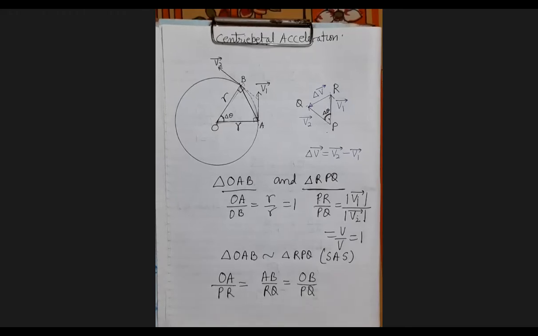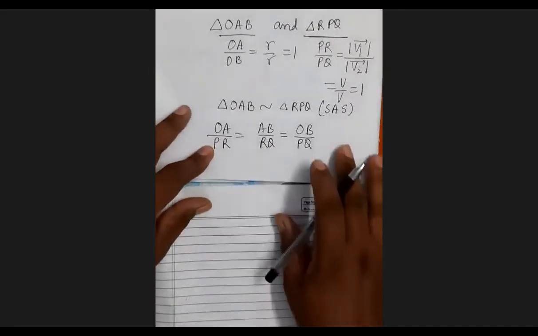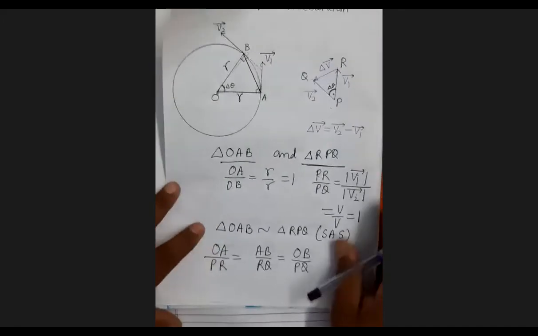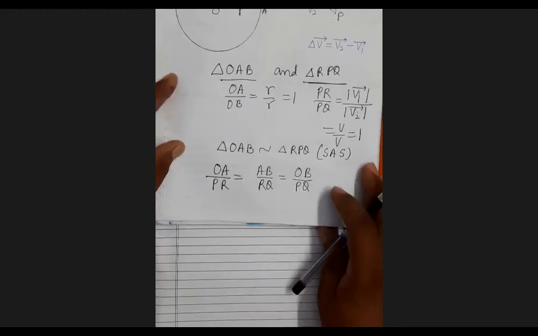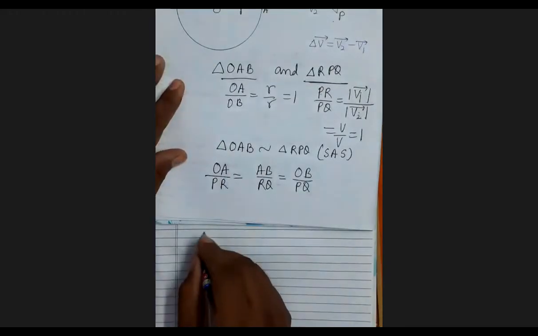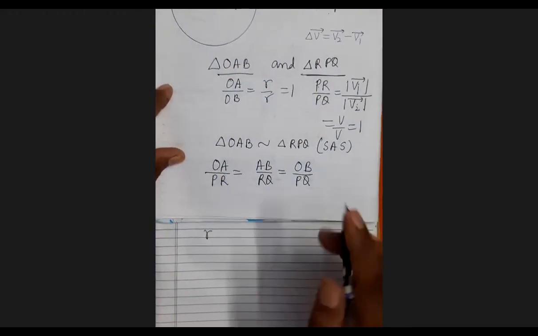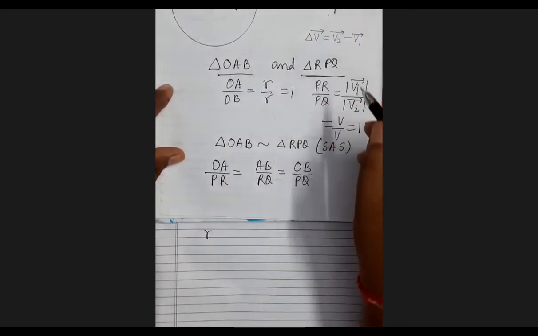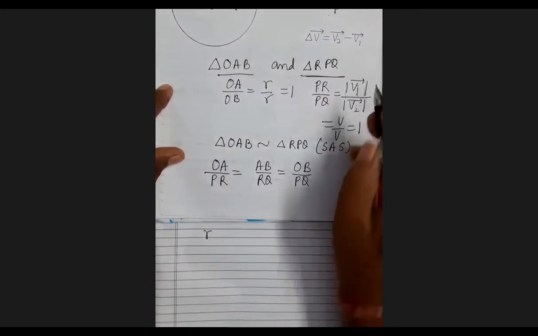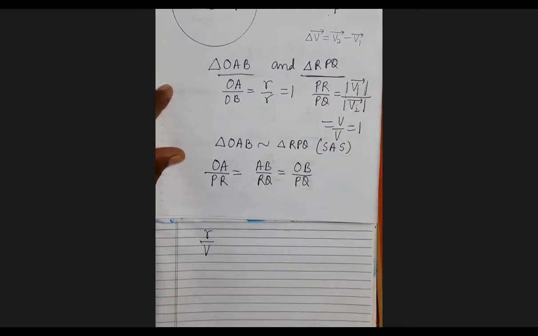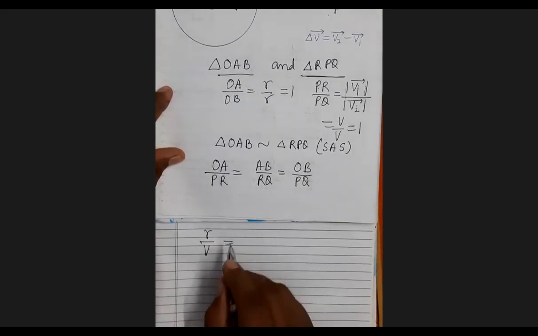So you can see here, I am showing here. If you write down their values, what is OA? OA equals R. What is PR? PR is the modulus of vector V1, simply V. It's clear.